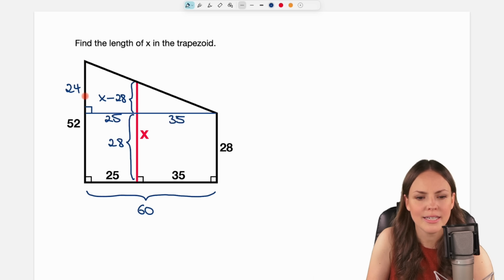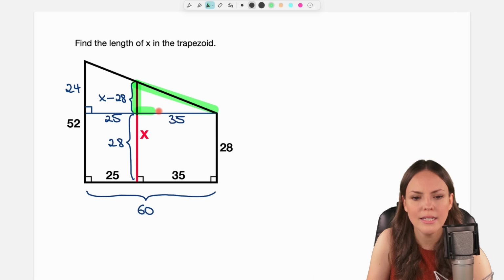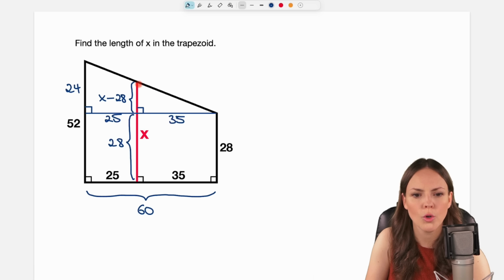If we take a look at this large triangle up here, there is a smaller triangle in here as well. And we have a right angle here as well, so this small triangle is a right triangle, and this large triangle is also a right triangle. What about the other angles?